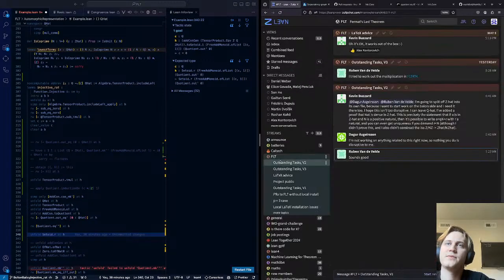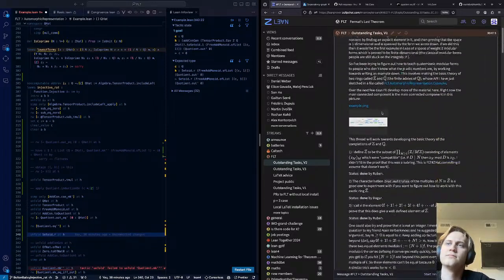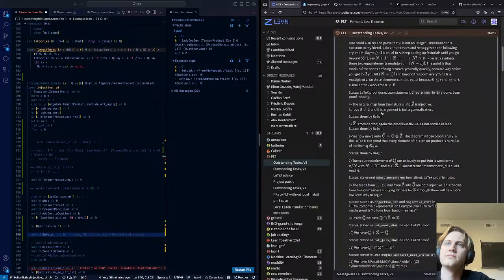Where was I? It was here or something. This follows from torsion freeness, implying flatness for Z. Right, Z is torsion free. This is done apparently.